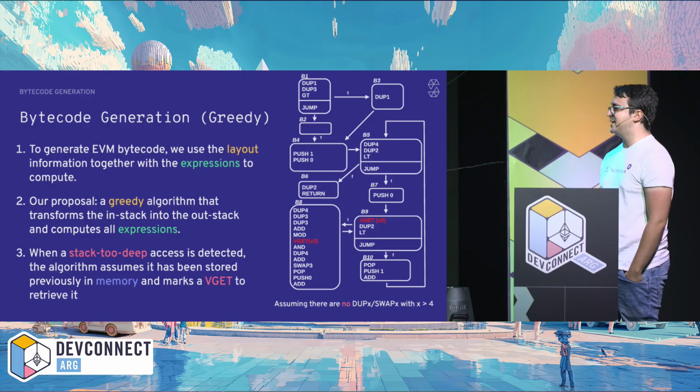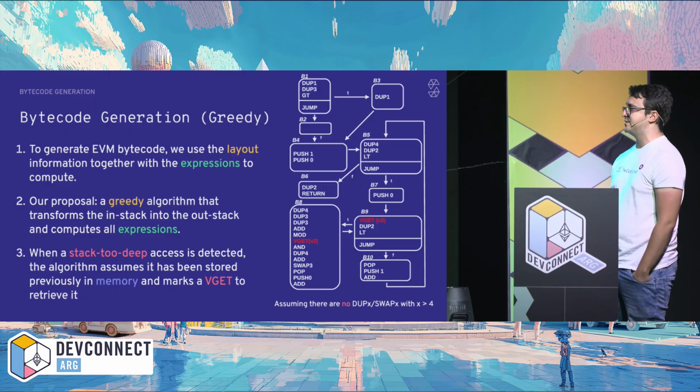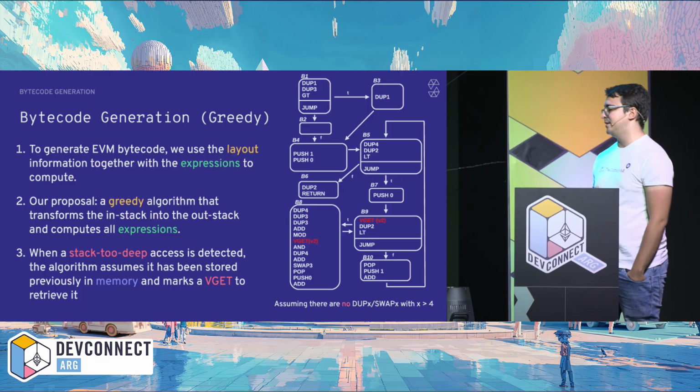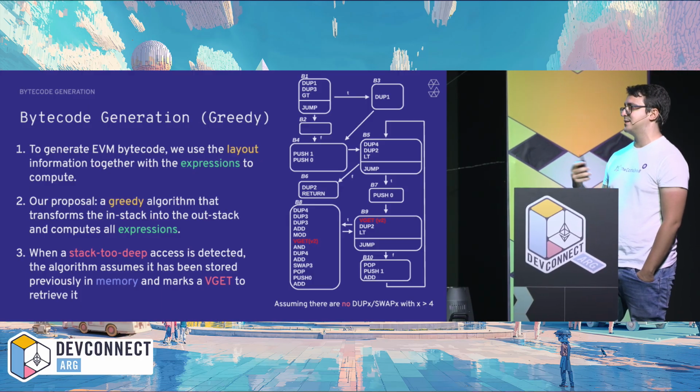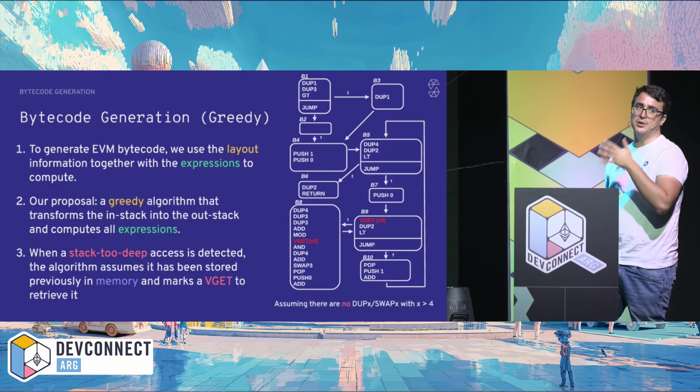That just says, OK, at this point, I have to retrieve it from memory. I'll solve it in a later step. In our previous example, if we assume that the maximum stack depth I can access is 4, then I would have these two virtual gets that represent that those ones must go through the memory.